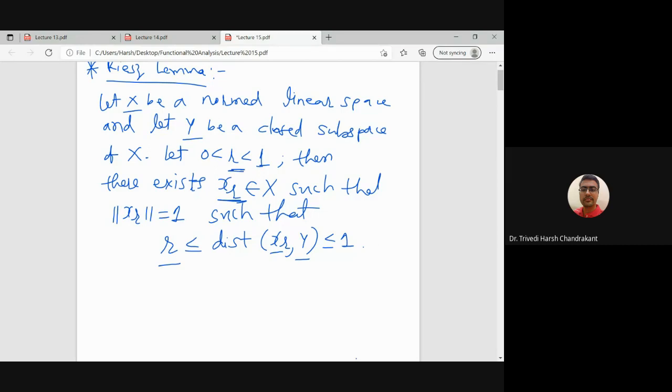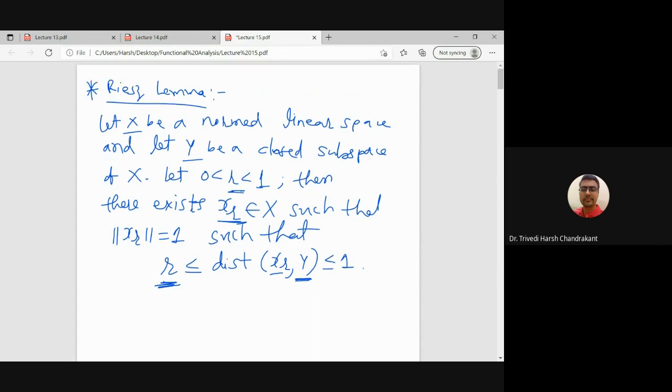So basically we are finding a vector xr which is at least r distance away from each element in Y. So this is the statement of Riesz lemma. We want to prove this result.